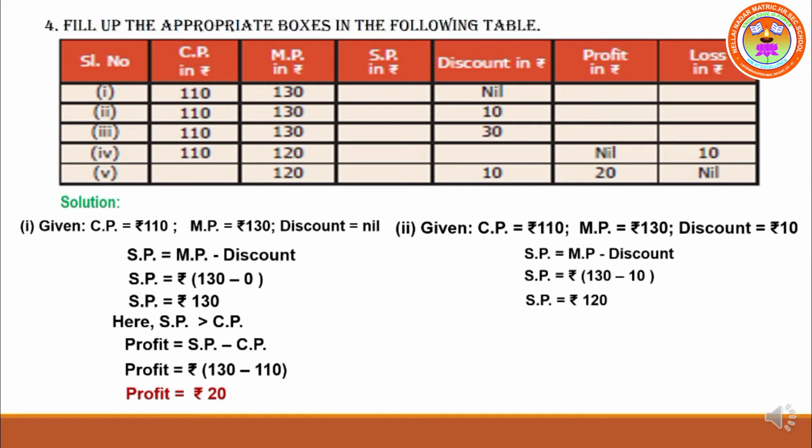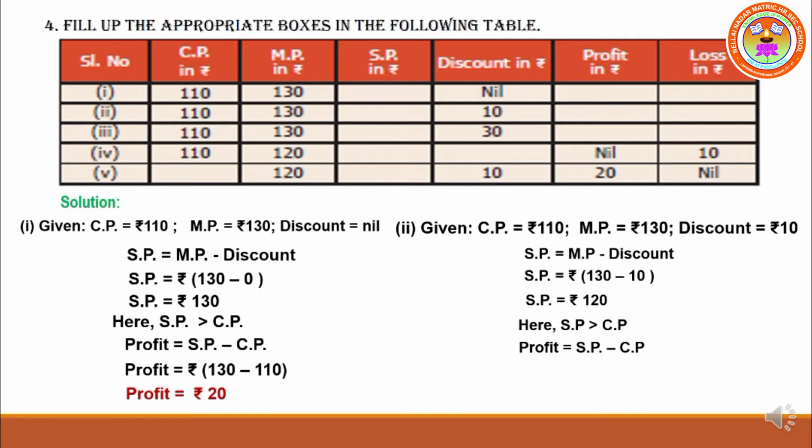Now compare SP and CP, which is greater? My SP is greater than CP. So there is a profit. Now tell me, what is the profit formula? Profit is equal to SP minus CP. Now we are going to substitute the values of SP and CP. What is SP? We have found the value as 120.